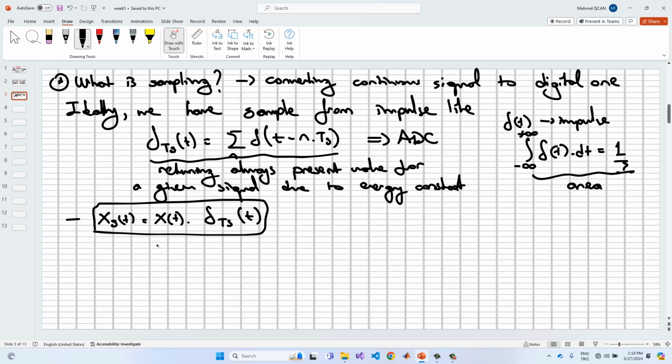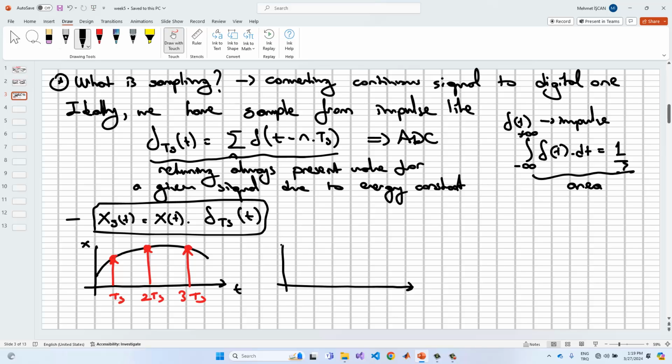And so if this is the case, then we can take this continuous signal in here, just like this one, and at each time we have spikes in here with these values, right? The Ts, 2Ts and 3Ts. Okay, but on the other hand we have the impulse signal, just like this one.